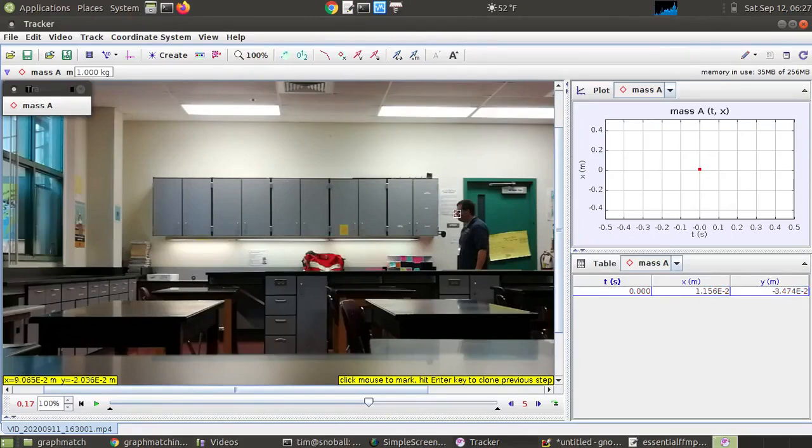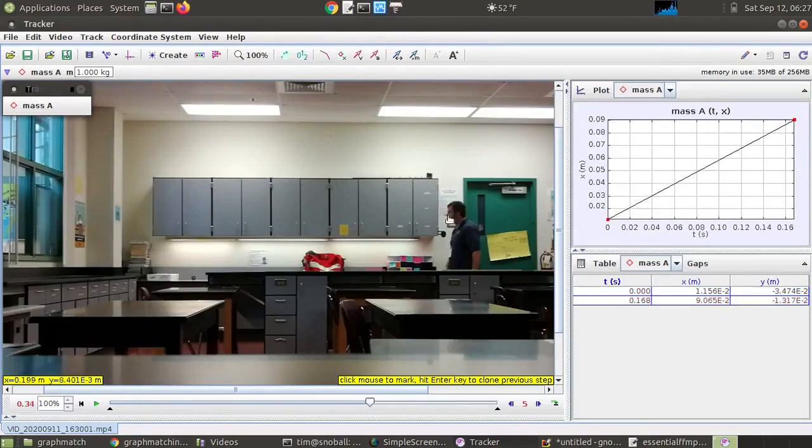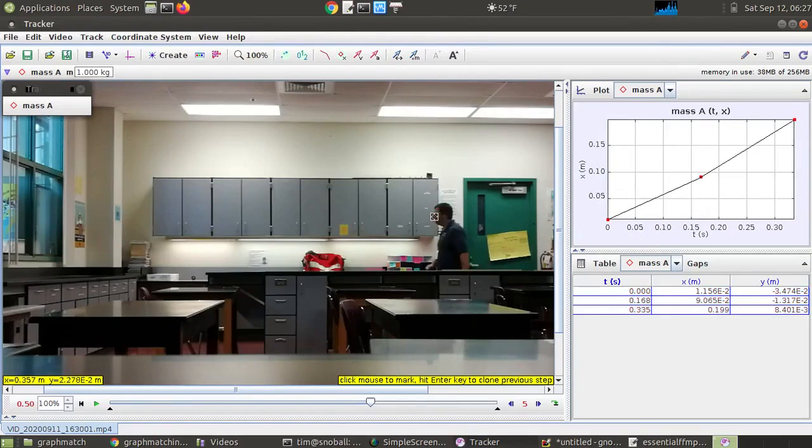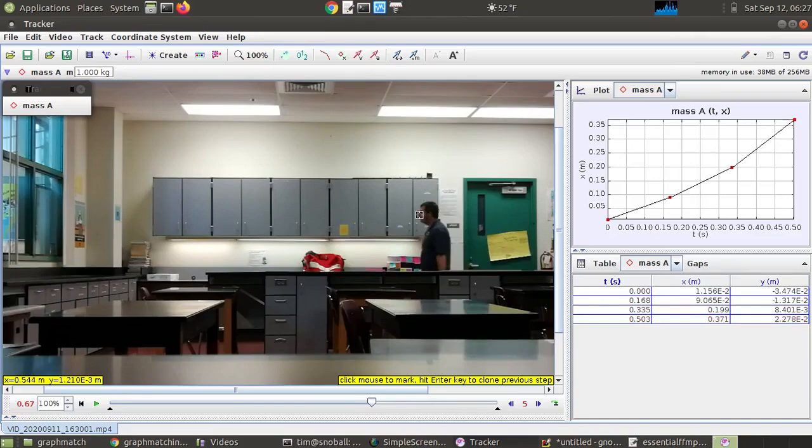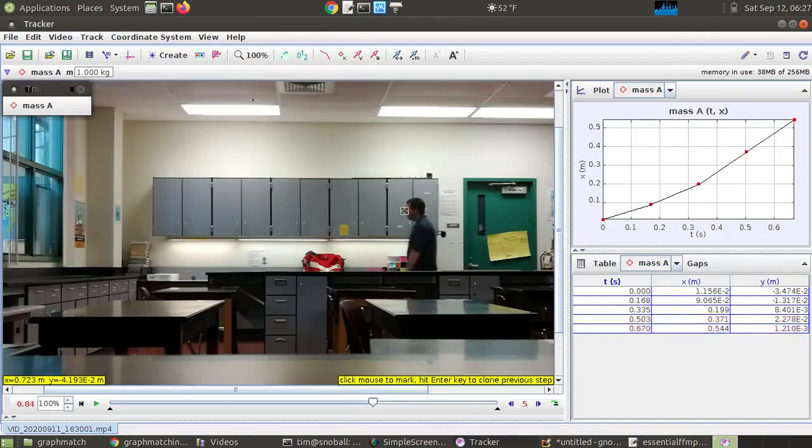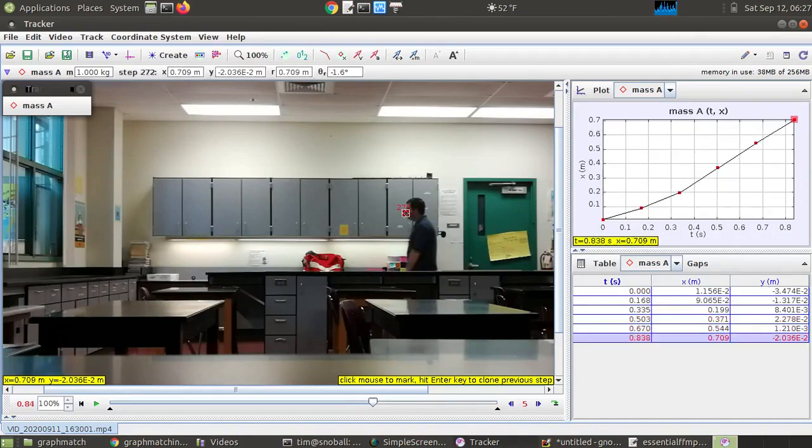So again, just tagging right on my nose. It starts out pretty similar, as we expect, because it was constant velocity in the positive direction.